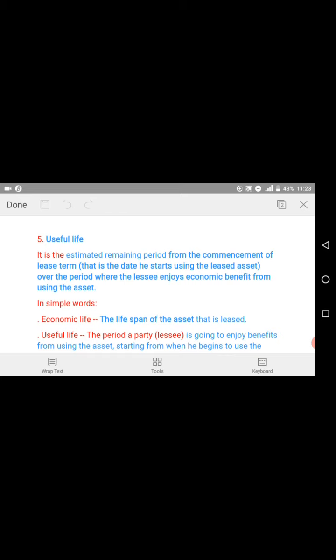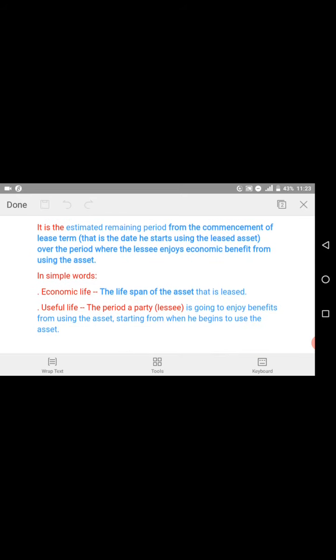In simple words, economic life is the lifespan of the assets, while useful life is the period one party, as the lessee, is going to enjoy benefits from using the assets, starting from the date of commencement till when his lease term expires.